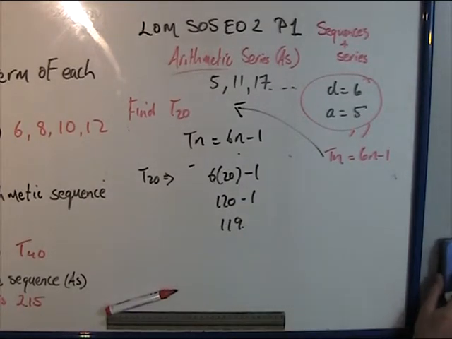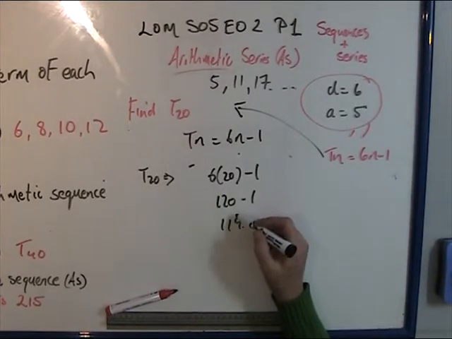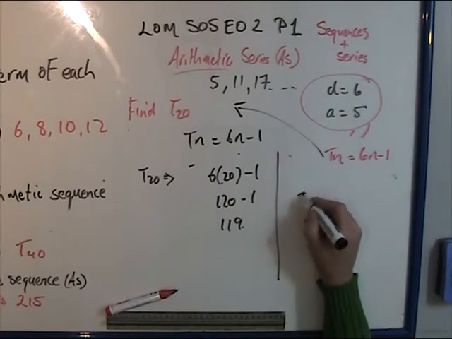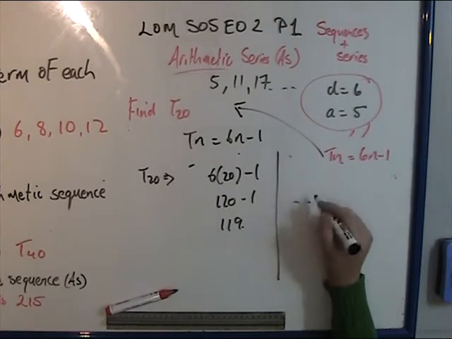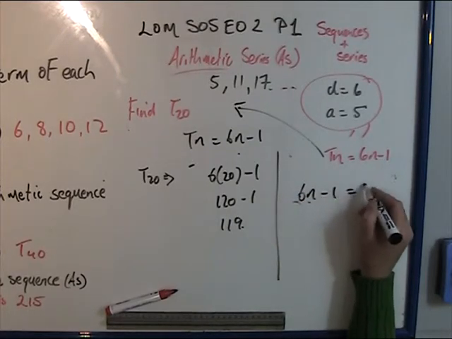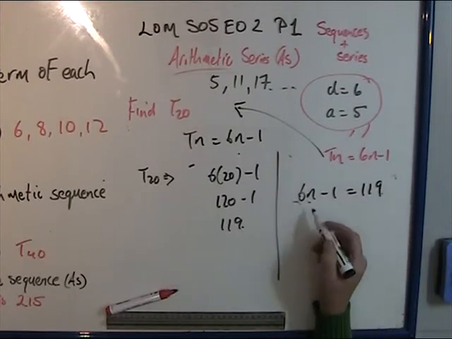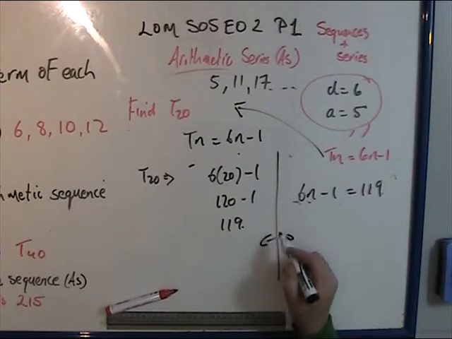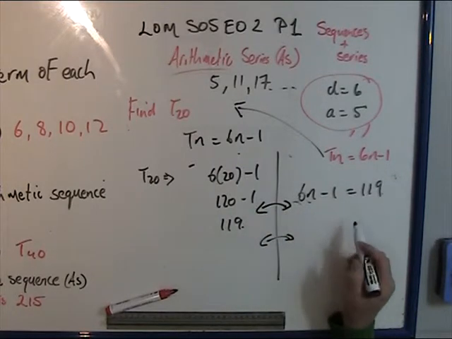Now to find the number of terms, let's make this equal to 119. So let's say Tn, which is 6n minus 1, is equal to 119. We don't know what term it is. Do you see what I'm trying to do here? I'm trying to get you to realize that you can go back and forward on this.